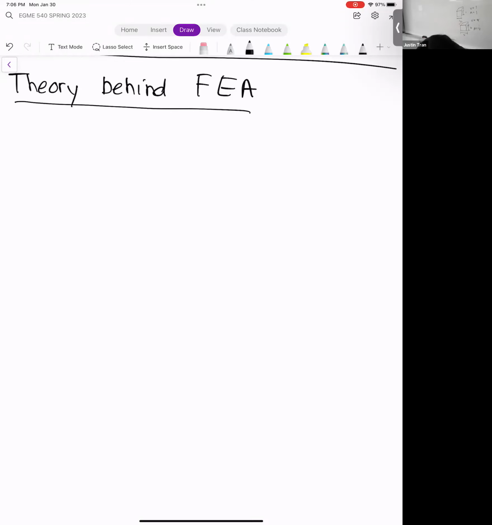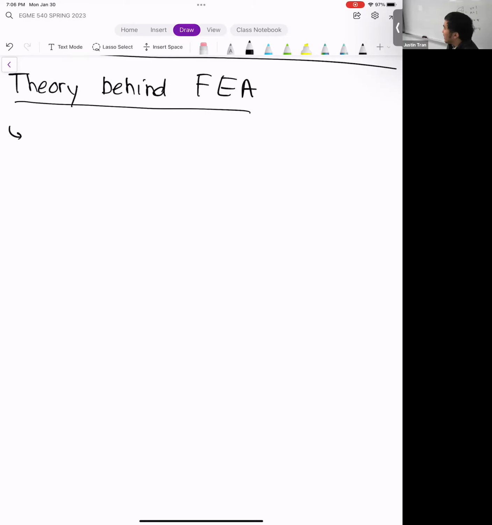And so first, what is FEA? FEA, of course, stands for finite element analysis. A lot of people, when they think of FEA nowadays, think of the software, like ANSYS. Other software out there includes Abaqus, maybe SolidWorks Simulation. But at its core, finite elements has nothing to do with any of that.